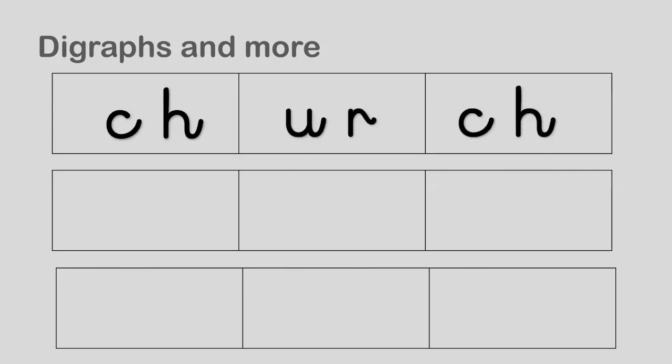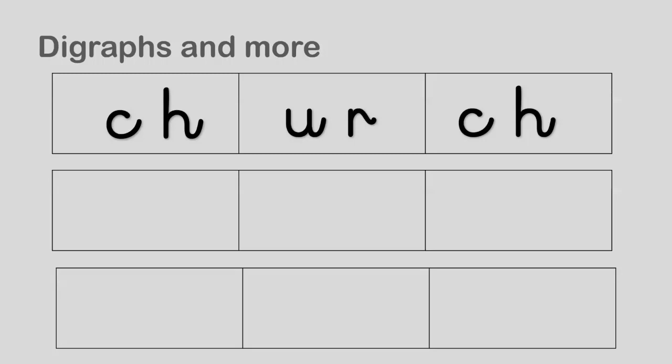So in the word church, have a go and see if you can hear what the sounds are in church. Ch, ur, ch. Just 3 phonemes, and we represent them like this. Ch, ur, ch. This word is no harder to blend than cat, but it's harder to spell because children need to remember that there are 2 letters representing each of the sounds in that word.